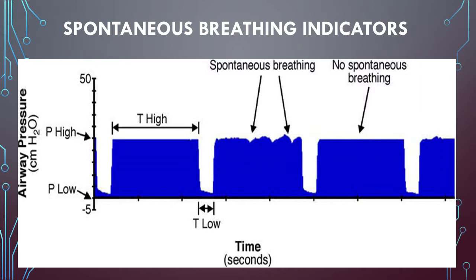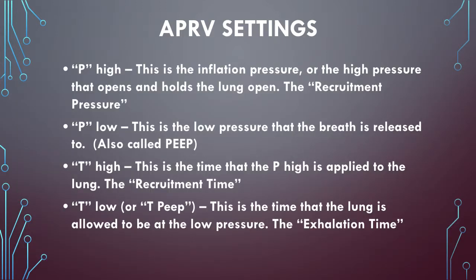So now for settings, we have your P high, your P low, your time high, your T low, right? So your P high is essentially the inflation pressure that helps open the lung, the recruitment pressure. The P low is the low pressure the breath is released to, which is essentially just your PEEP.